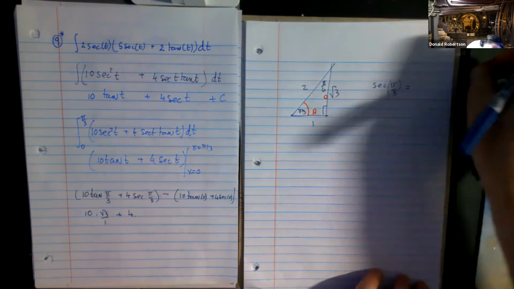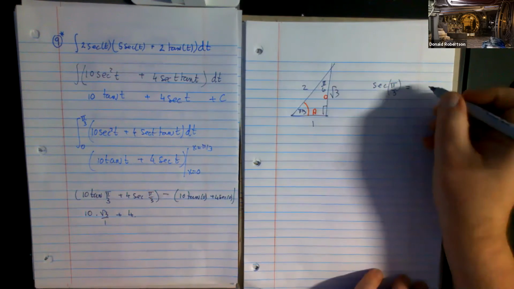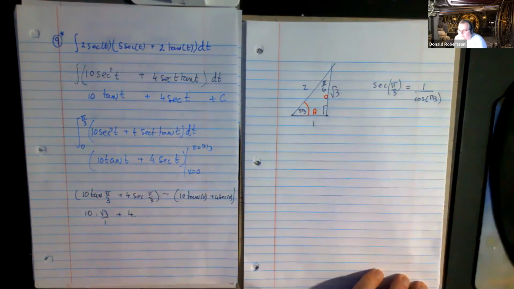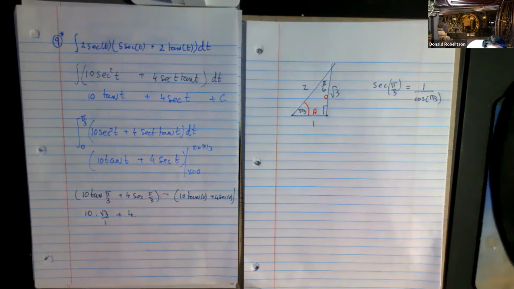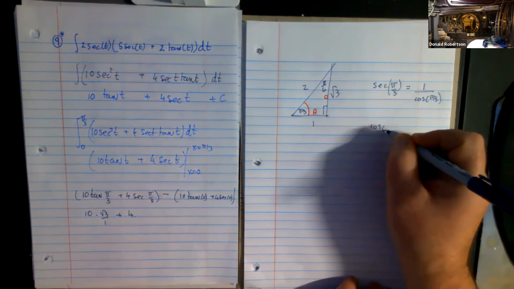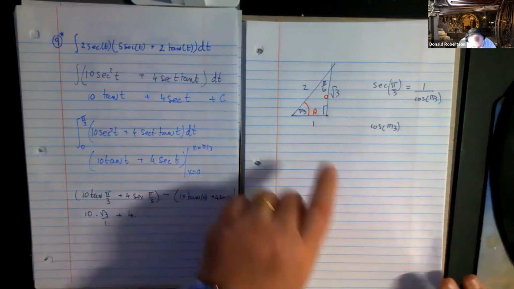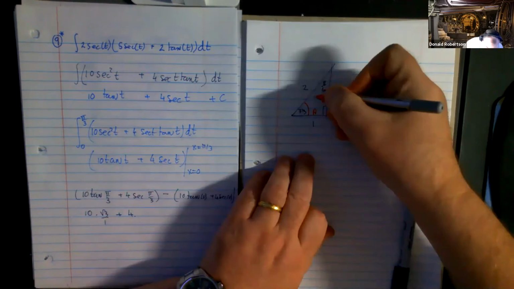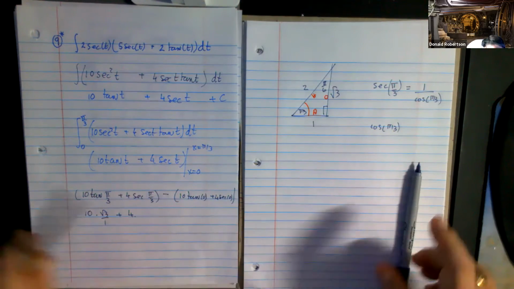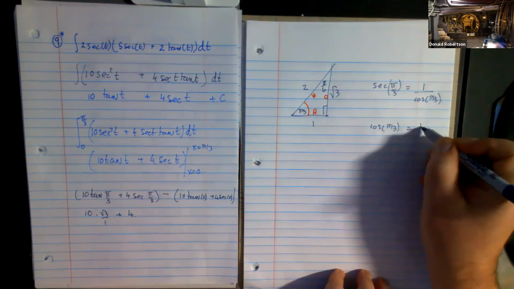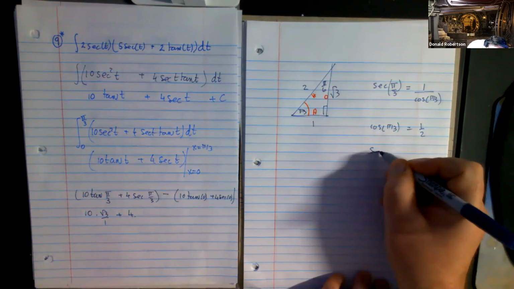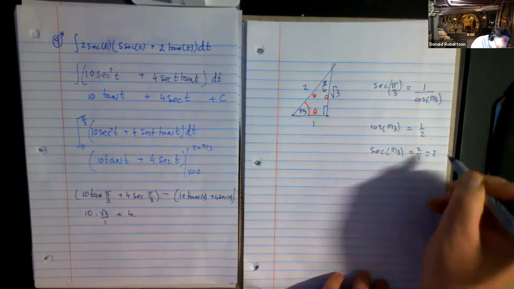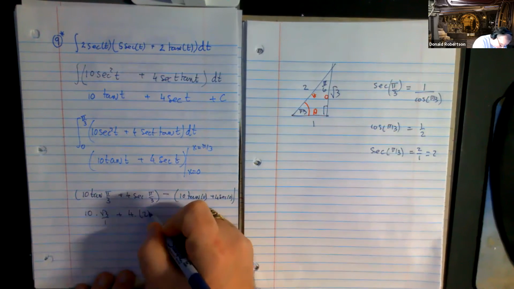There are 2 ways to do it. One is you just memorize the formula, and the other is that you recognize it's the reciprocal of the cosine. So I'm going to find the cosine of pi upon 3. The cosine is adjacent over hypotenuse, so it's essentially a half. And isn't the secant then the reciprocal of that, which is 2? So 4 times 2.